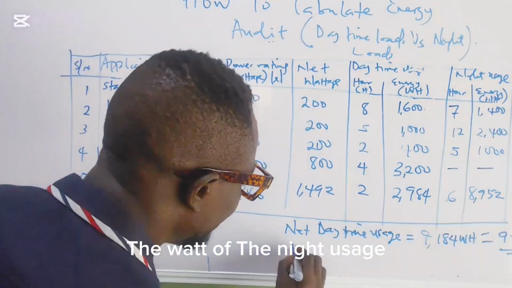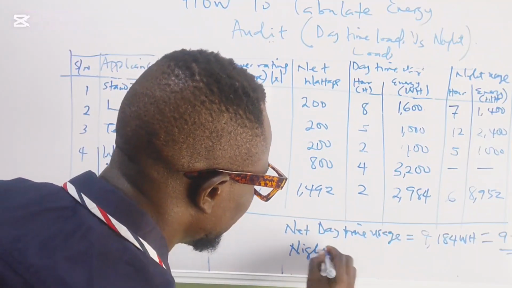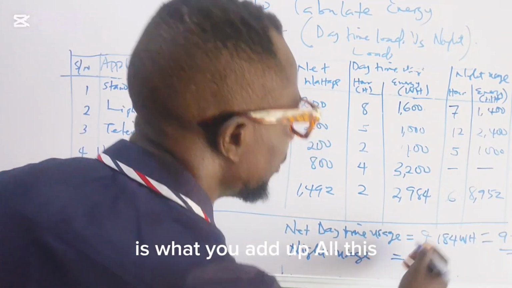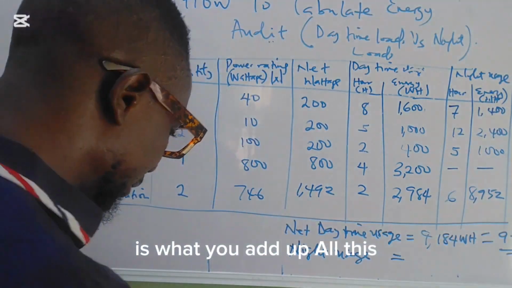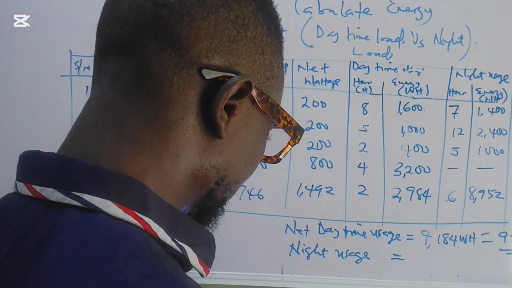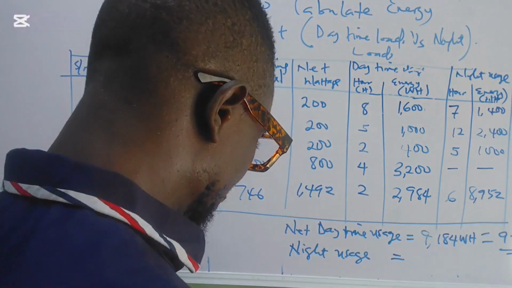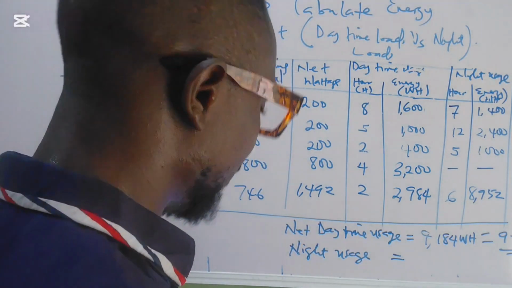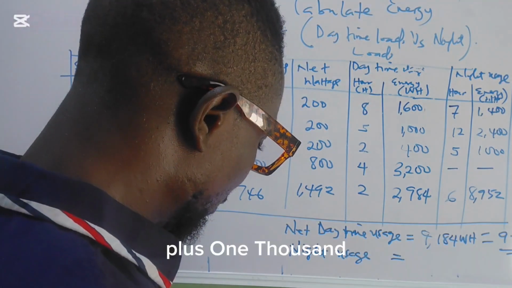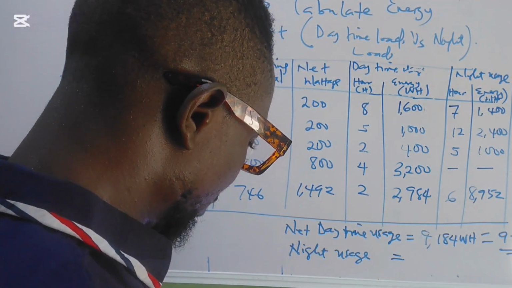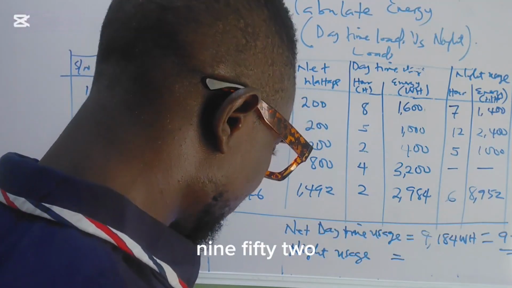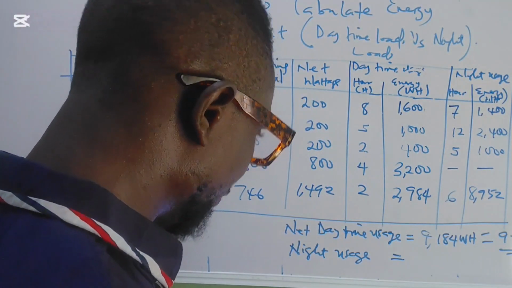Then what of the night usage? You add up all this. 1,400 plus 2,400 plus 1,000 plus 8,952.